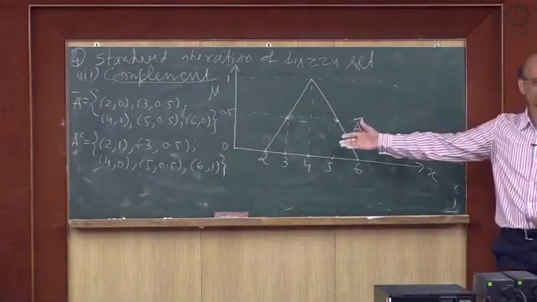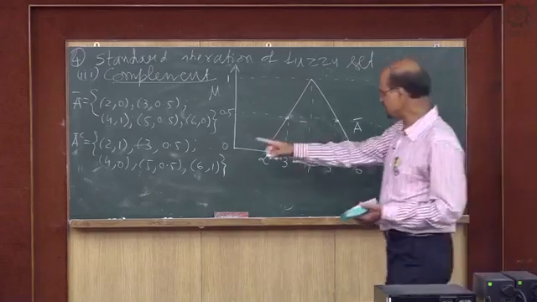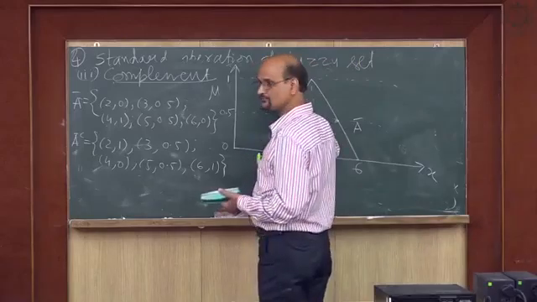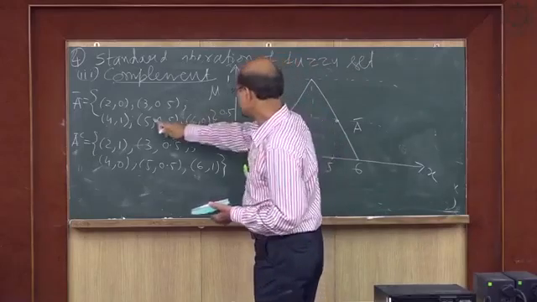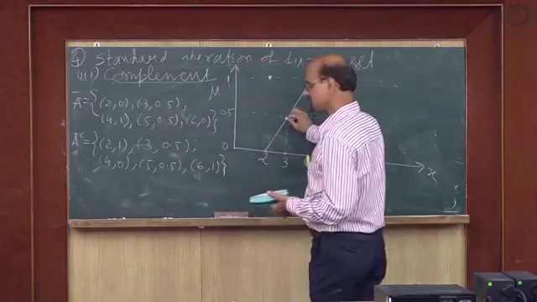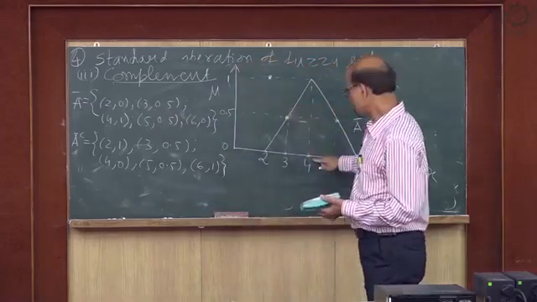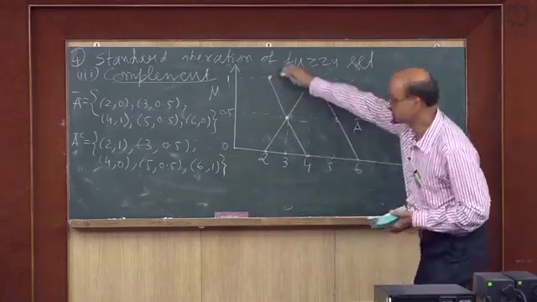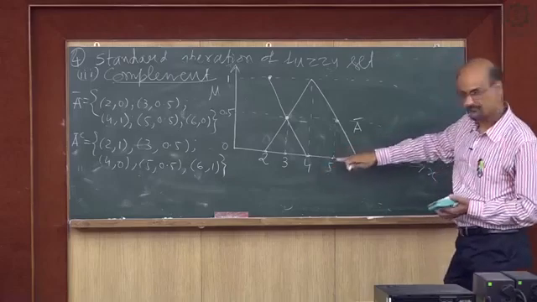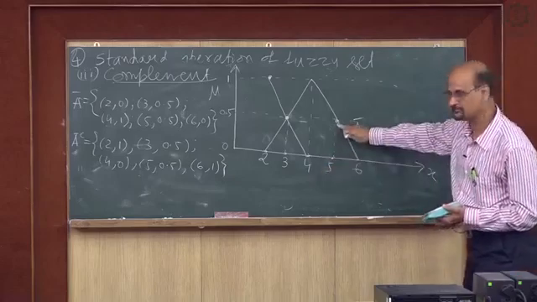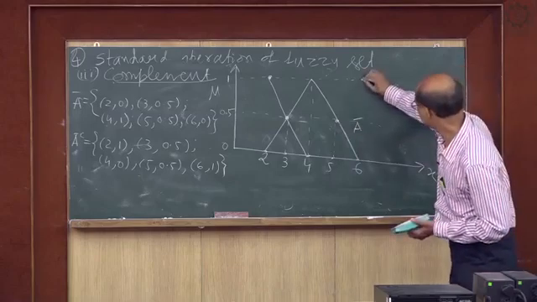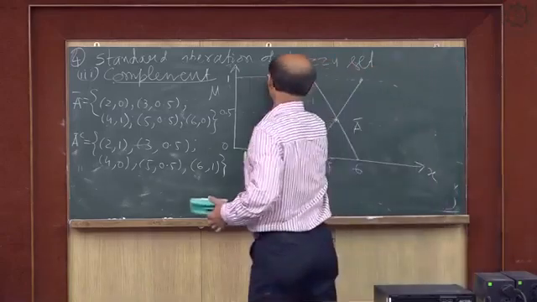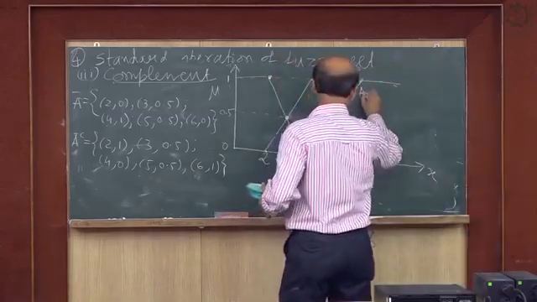So, what is happening in the figure? 2 is 1, so this point should go here. 3 is 0.5, no problem. 4 is 0. That means your fuzzy set becomes like this. 5 is 0.5, no problem. 6 is again 1. So, it is just upside down, and this is your A bar complement.